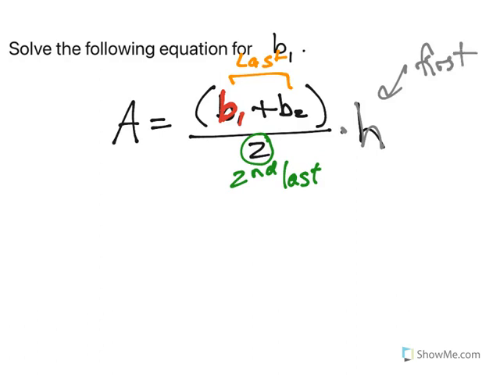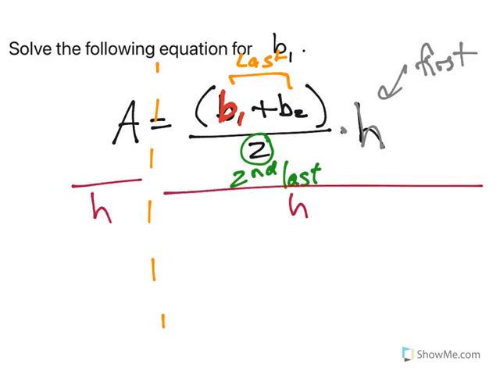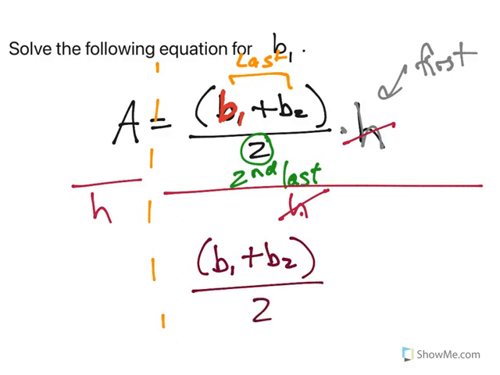So if I have this equation and I'm multiplying by H, what is the opposite of multiplication? Division. So I'm going to divide this entire thing by H, both sides, because H divided by H is just 1. So I am left with B1 plus B2 all over 2 equals area divided by H.